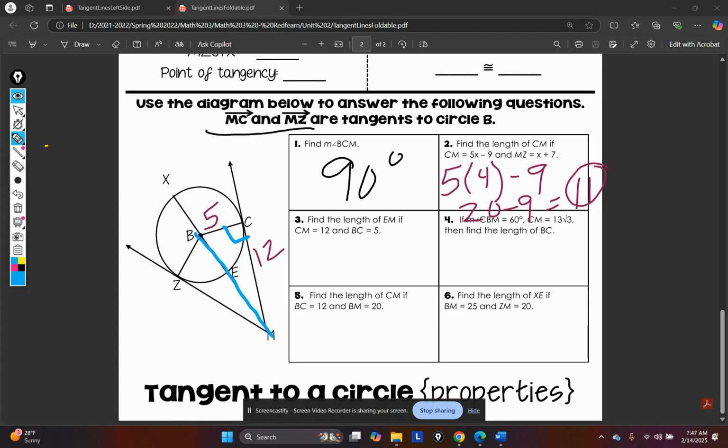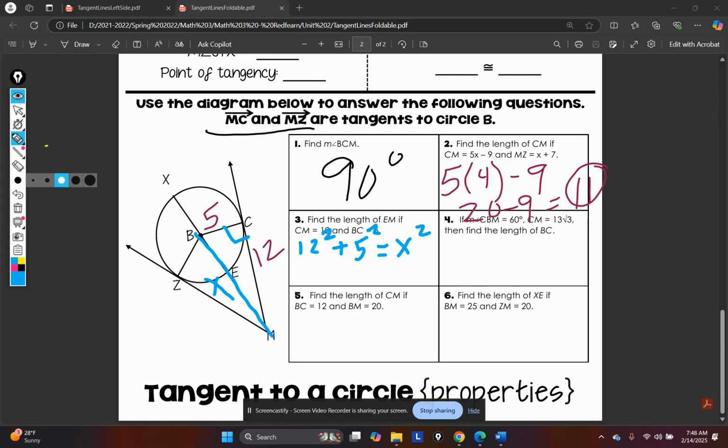So we can use the Pythagorean theorem that I told you to keep in mind earlier. So 12 squared plus 5 squared equals x squared, because this side right here, we're going to call x.